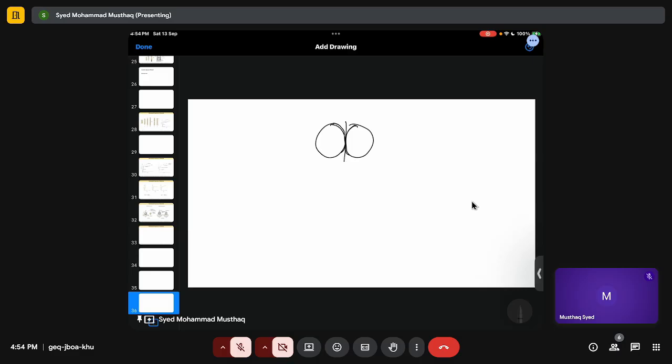So because of all these reasons, the yield strength will drop instead of increasing. See, this is my size of grain in mm. It will increase to a certain value and then it will start decreasing. Why? Because of these reasons.